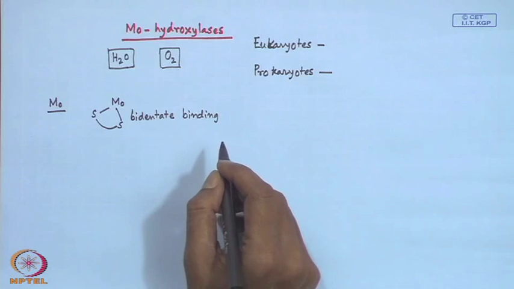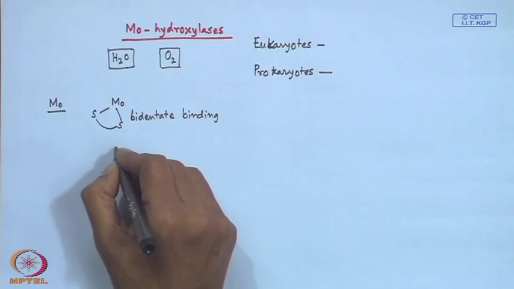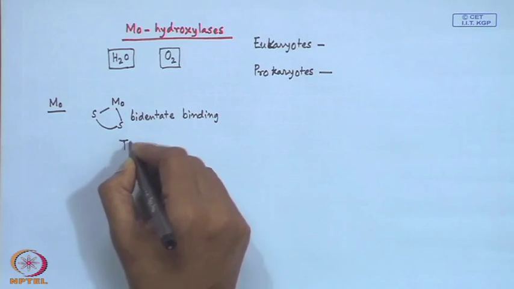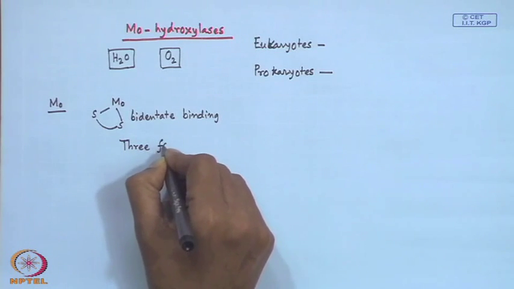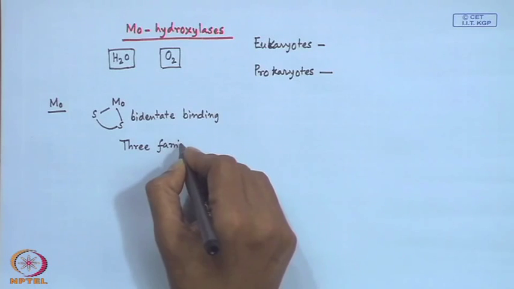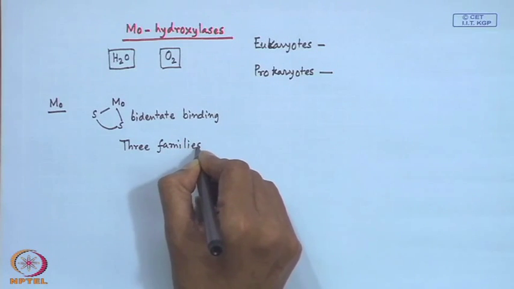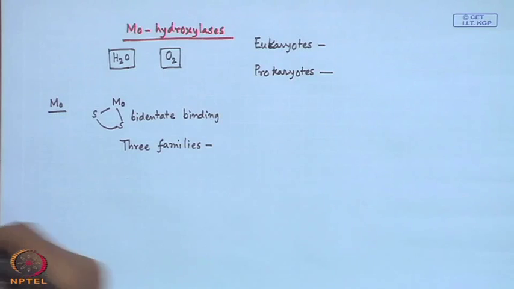Basically, we will talk about 3 such groups of molecules, or 3 families, which are catalytically active.